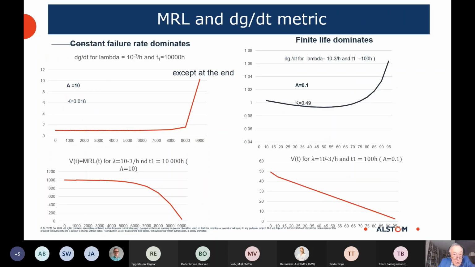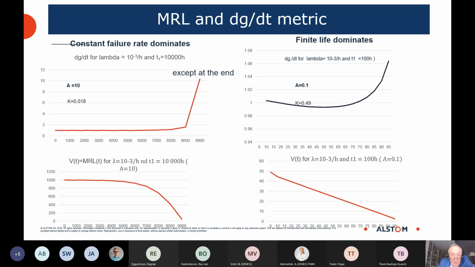And so if you look at the MRL and the famous dg over dt metric, in this case, the constant failure rate dominates. So we have a constant dg over dt until the end. In the end, it jumps because we reach the end of life. And the MRL converges. As a slope, it goes to 1/2, which is like a uniform distribution.